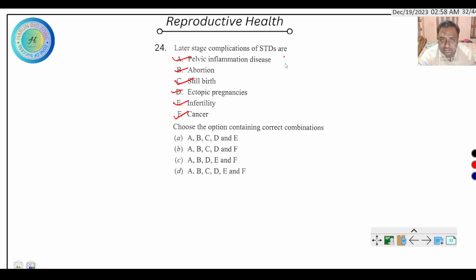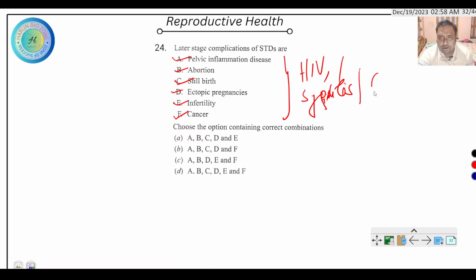In which disease? Number 1 HIV, number 2 syphilis, or HIV, syphilis, or gonorrhea. Then here the right option is D.